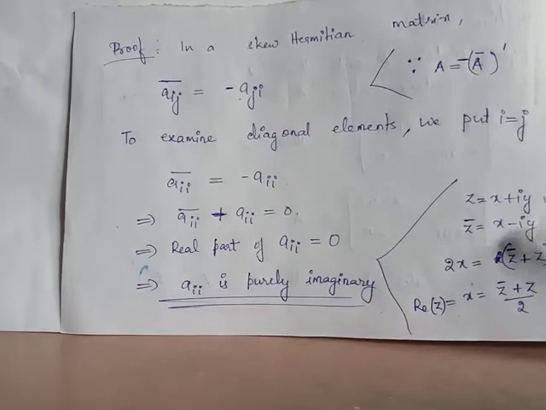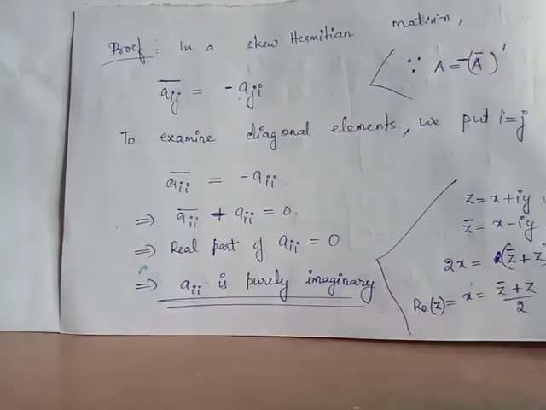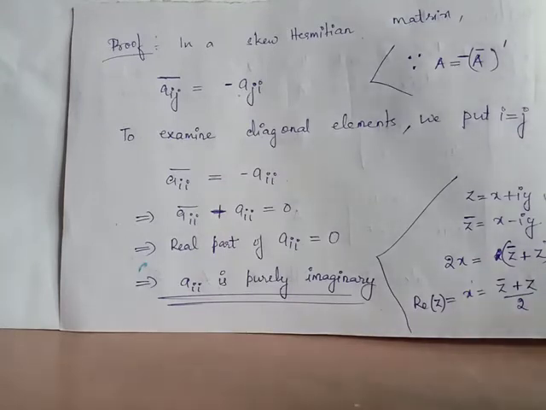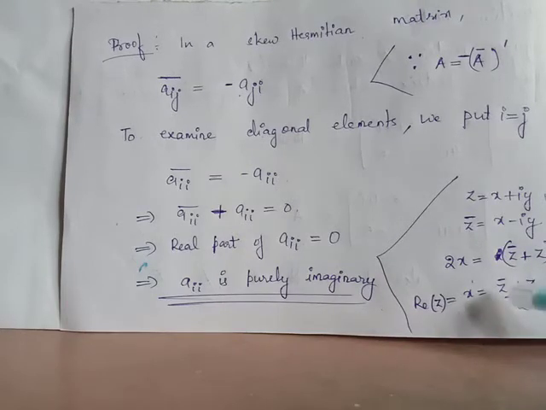When you add these two equations, you obtain 2 times x equals z bar plus z. That is, the real part of the complex number z, represented by x, equals z bar plus z divided by 2. When the sum of a complex number and its conjugate becomes 0, you can conclude from this property that the real part of z, which is x, will also be 0.